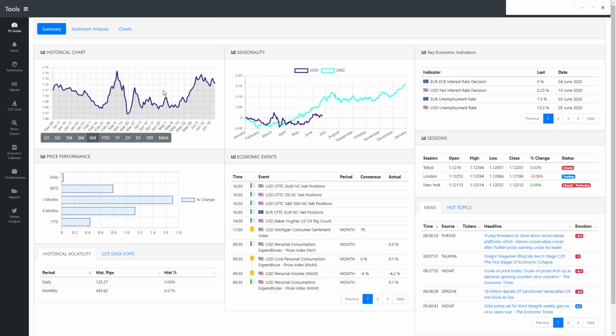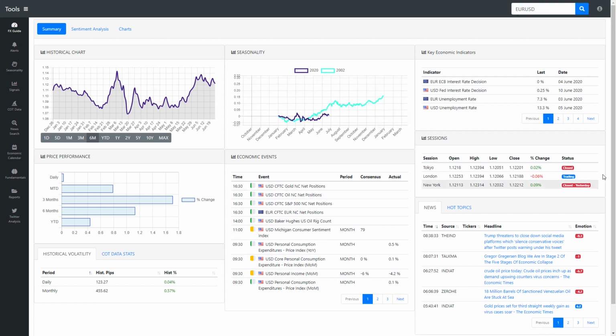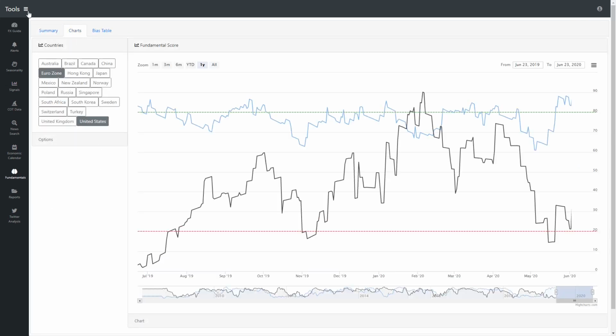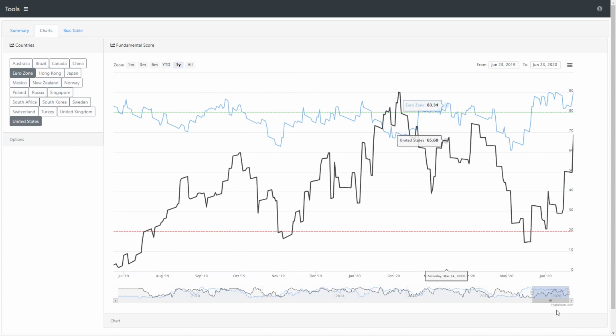This dashboard is the FX guide. It's a summary where you can choose from many currencies. This part you will find in a lot of places, but this thing right here you will not find anywhere else. It's something you will only find here, on my dashboard, and it's really amazing because this score does not use prices or check quote data.